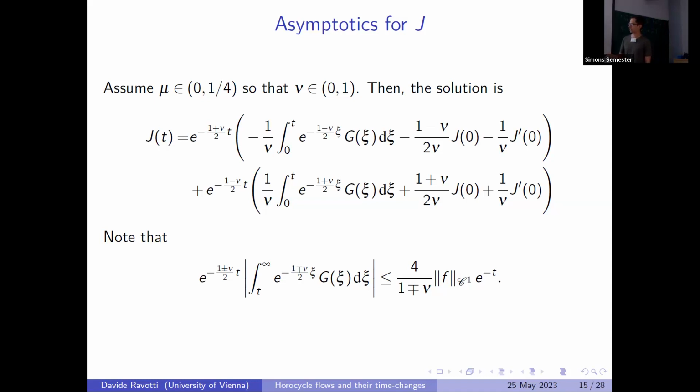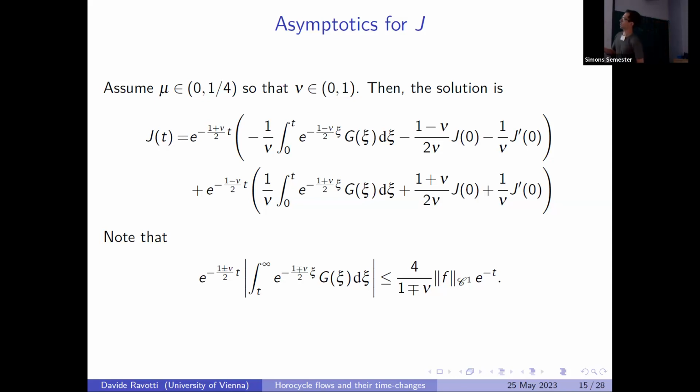Recall that this G was bounded by twice the C1 norm of f times e to the minus t. Because, if you see, this is bounded by a constant. So once you integrate e to the minus this factor and you multiply by e to the this factor, this minus plus nu cancels with this one, and you're left with minus 1/2, that is minus 1, e to the minus t.